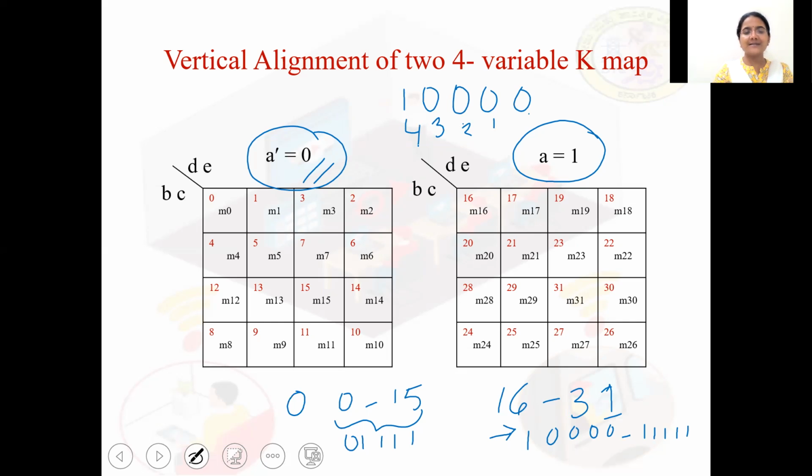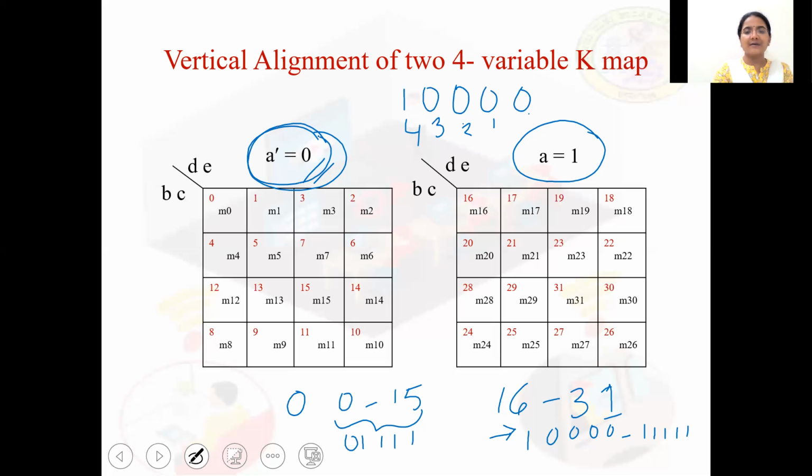We write the stacked numbering version of the K-map in this way also. We can consider two separate K-maps. For the first K-map, whose MSB is 0, we write A bar equals 0 above it.